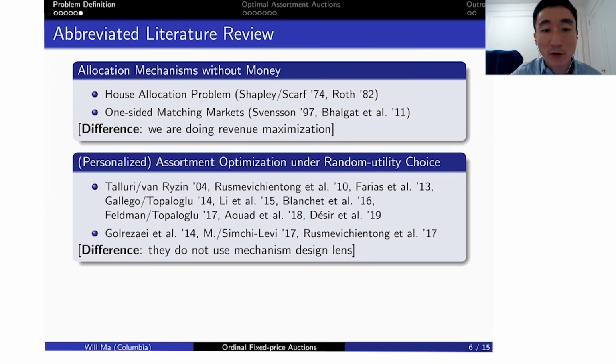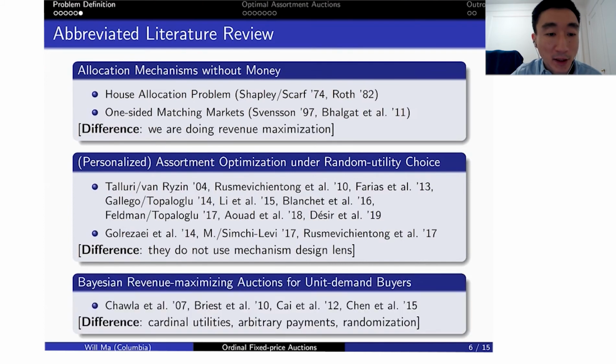Secondly, our paper is related to assortment optimization and the more general personalized assortment optimization. This is something that's studied a lot in my field. And the difference is we're the first to view these assortment optimization problems from a mechanism design lens. And finally, Bayesian revenue maximization is well studied, even in the case of unit demand buyers.